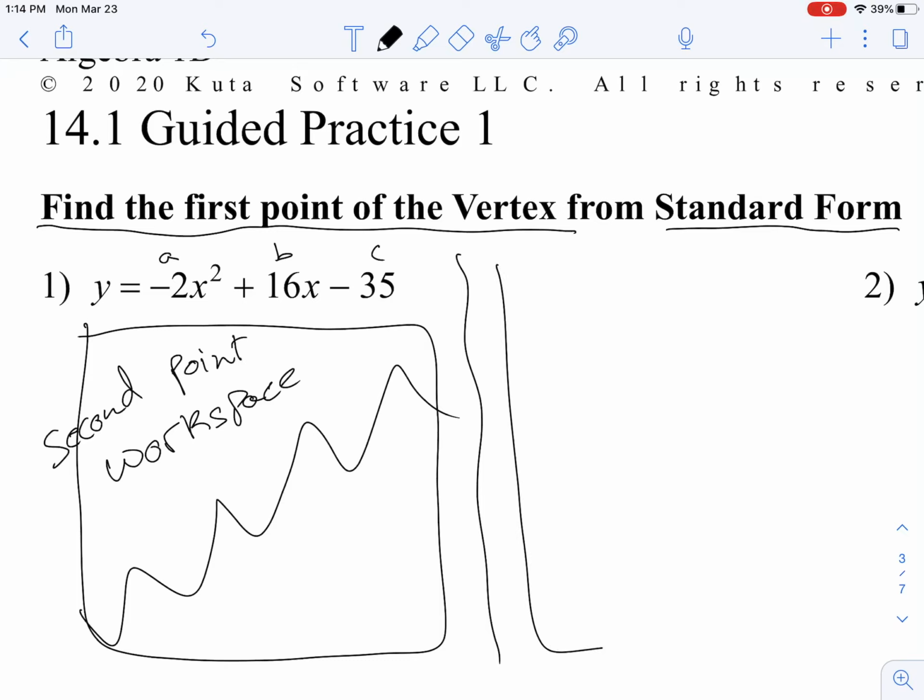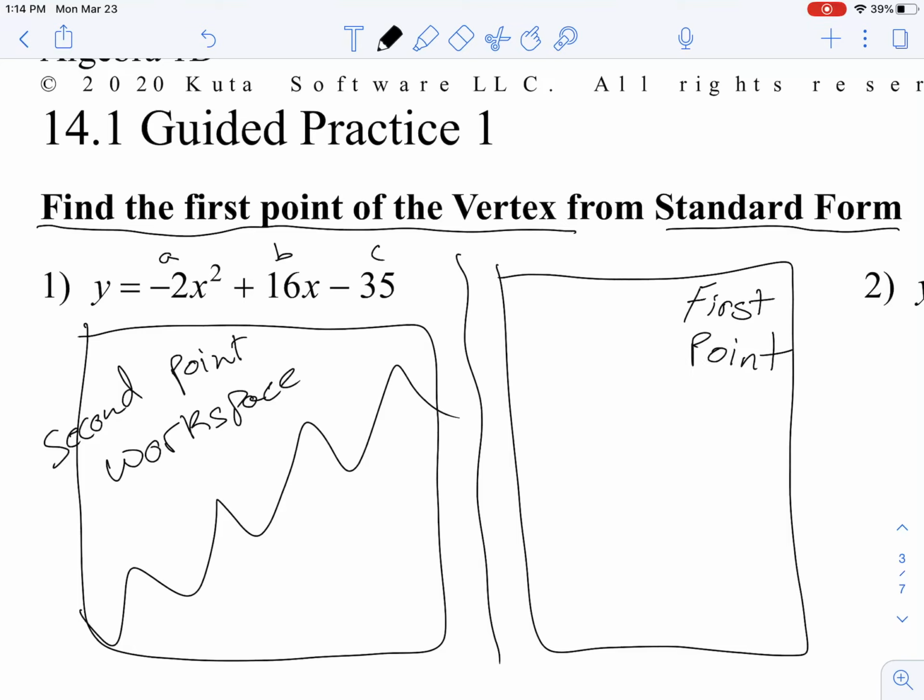Over on this side, we are going to find our first point. So this is our first point workspace. And then down here, this is just a way to organize this. I like to put my V equals because we're finding the vertex.